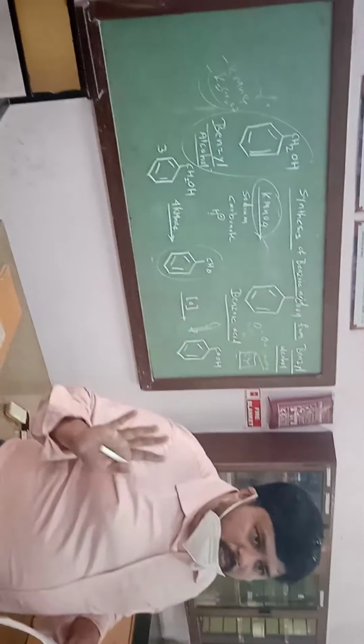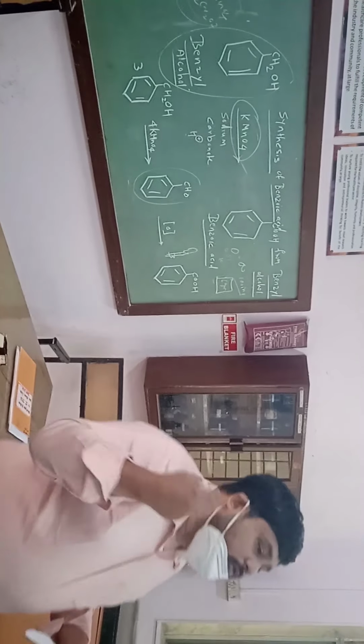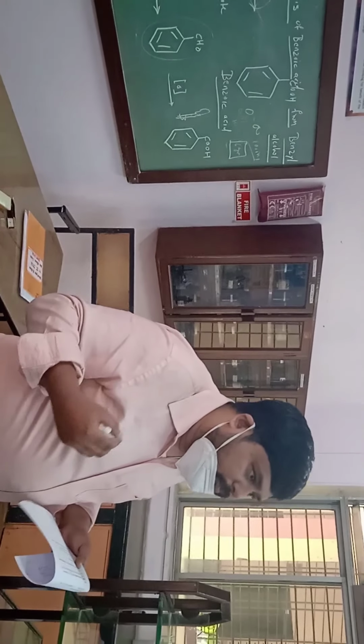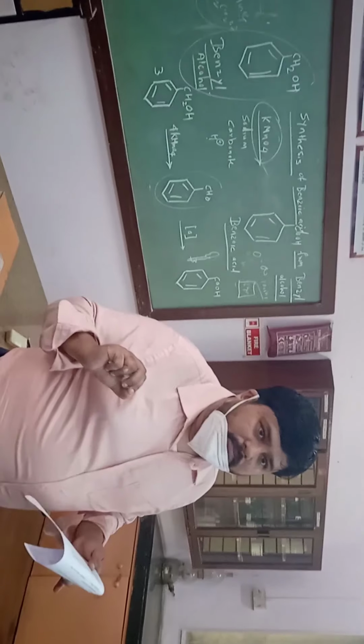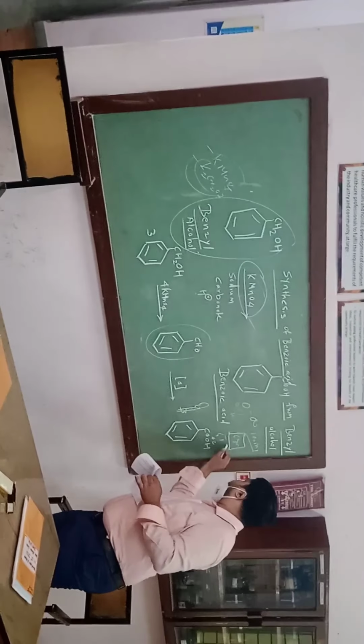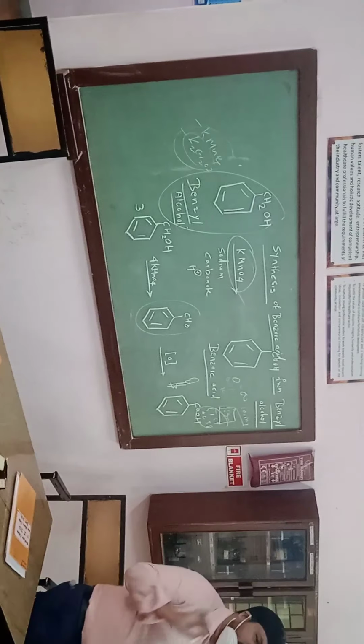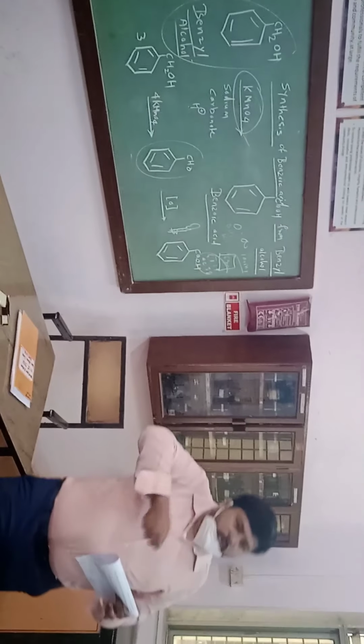You have to use a rubber bulb. With that rubber bulb you withdraw your liquid sample. Never pipette out an organic sample. You may have pipetted in 11th, 12th standard, but here in organic chemistry, never pipette out any organic solvent. Use the rubber bulb. With the help of the rubber bulb, you take 4 ml of benzyl alcohol.